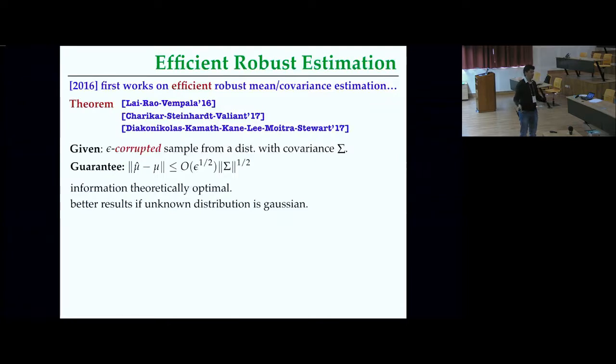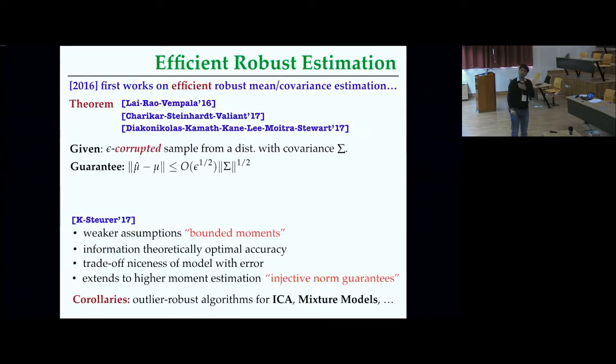Right, the sigma to the 1/2 dependence is what you cannot do anything about. Really what we care about is the right dependence on the fraction of outliers, epsilon. Okay? Great. So in the recent work, we built on various great papers that started this study of robust estimation.